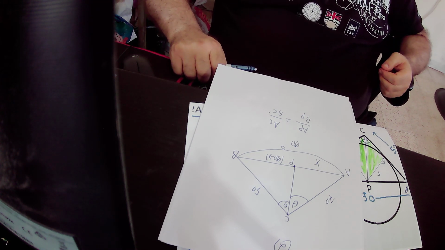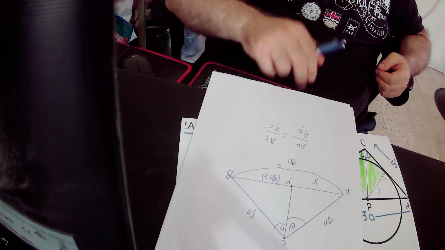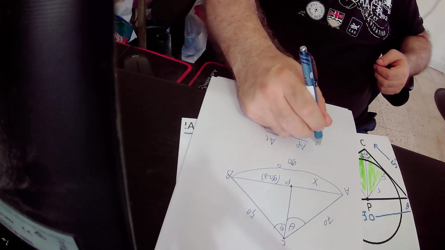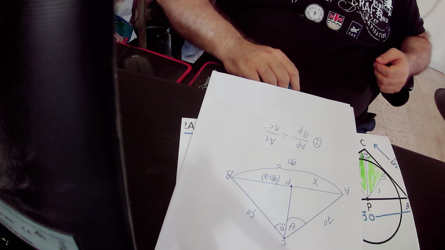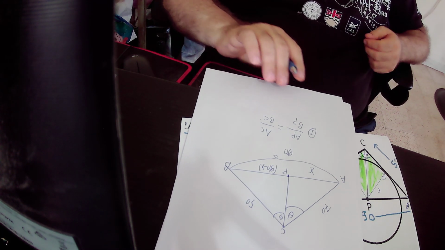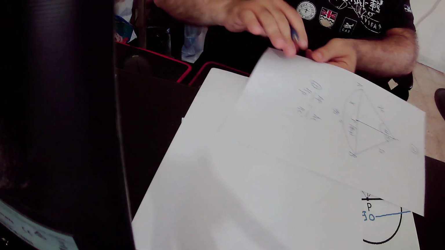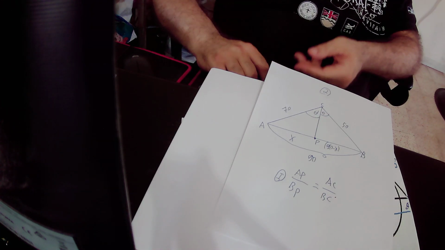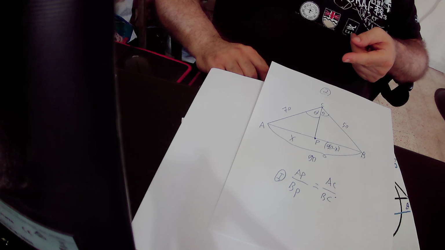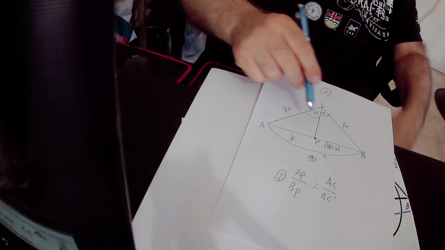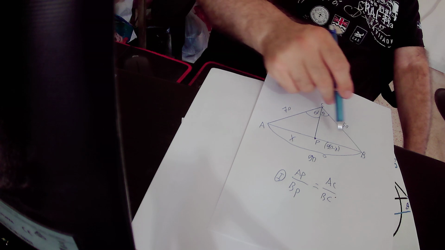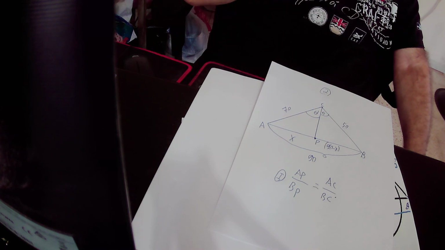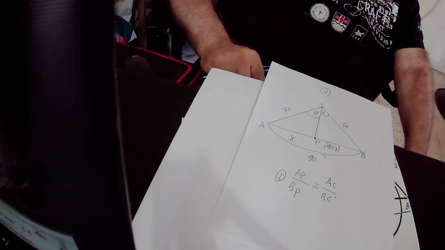So actually, if we look at equation 1, we can substitute AP by x because AP equals x, and BP by 90 minus x because BP equals 90 minus x.